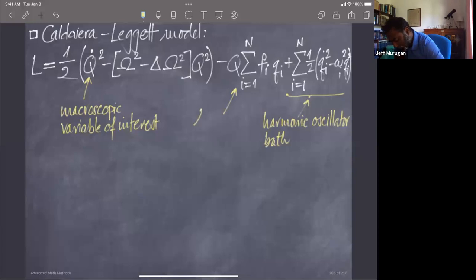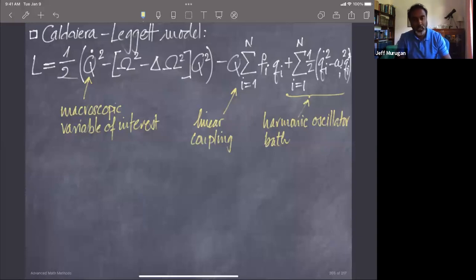So this is a linear coupling term. Okay, very good. So this is the Caldeira-Leggett model, and this is the system we want to study now.